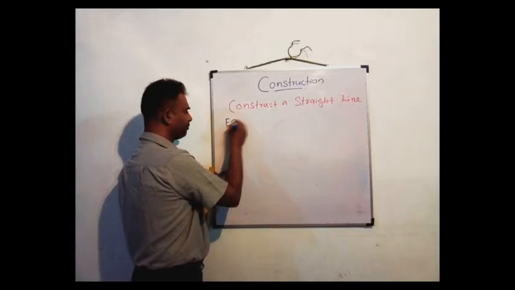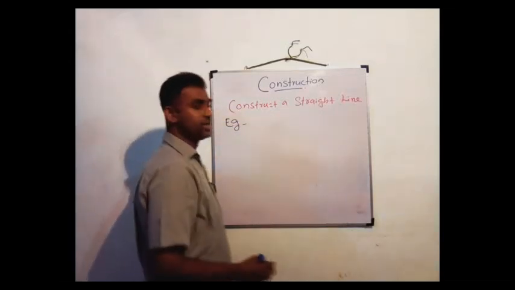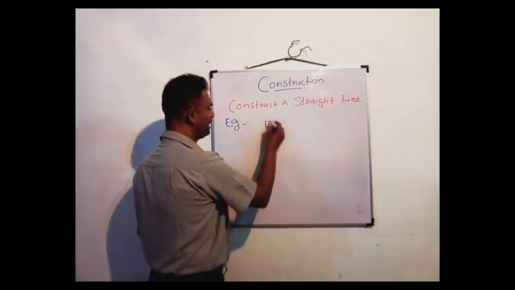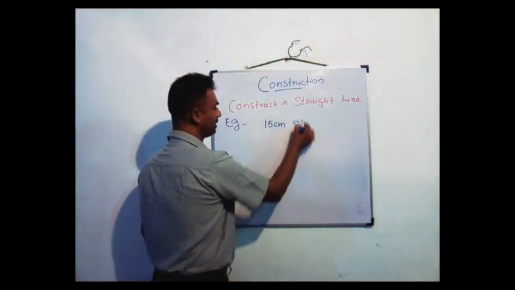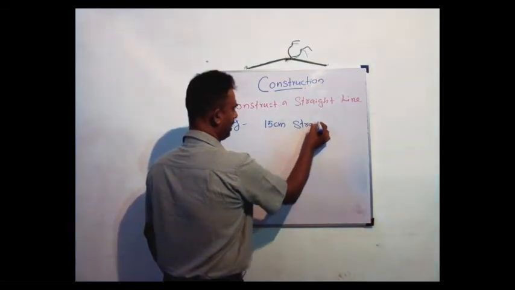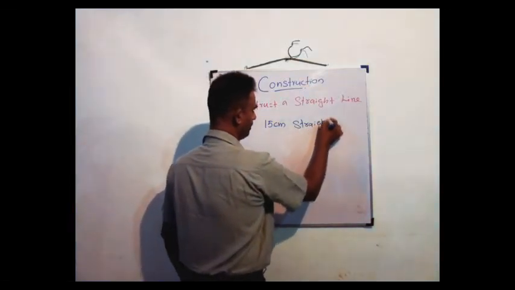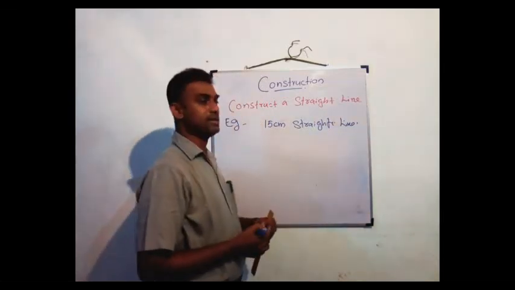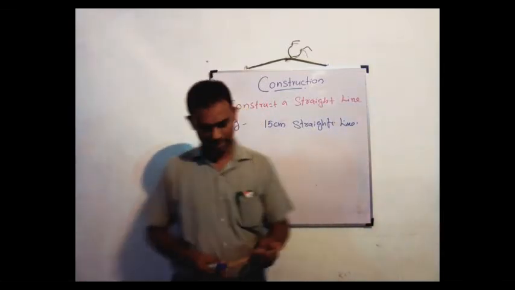Example: construct a 15 centimeters straight line. A 15 centimeters length of straight line, right?